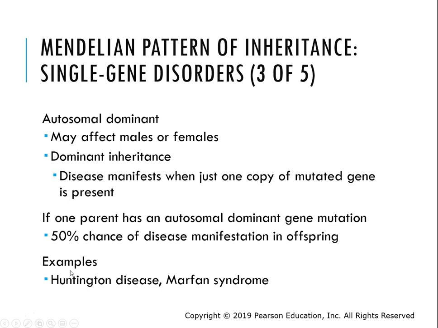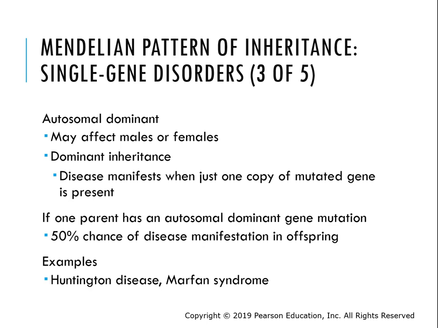Okay, if we talk about autosomal dominant, I already went through that with you. So it can affect males or females, dominant inheritance. You only need one copy of that mutated gene or that diseased allele to have the disease, right? Remember my example. If you're heterozygous with a big C, little c, you have the disease.